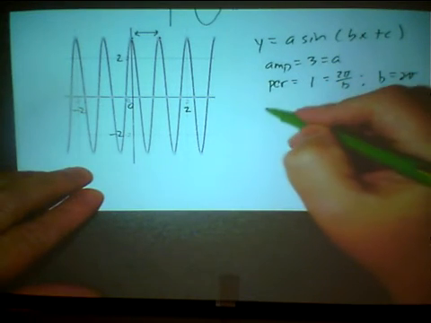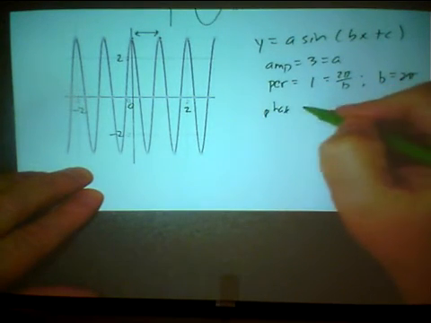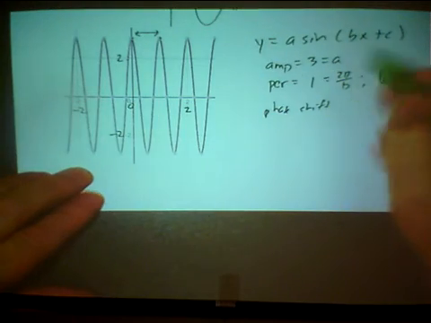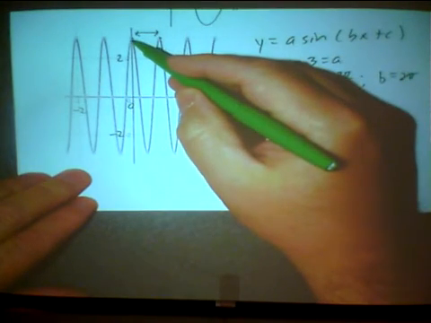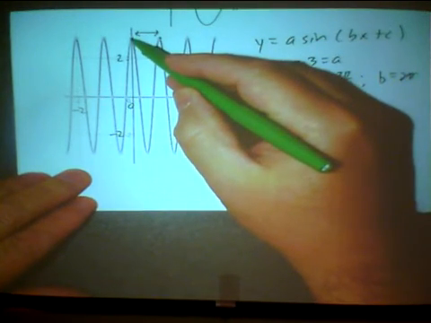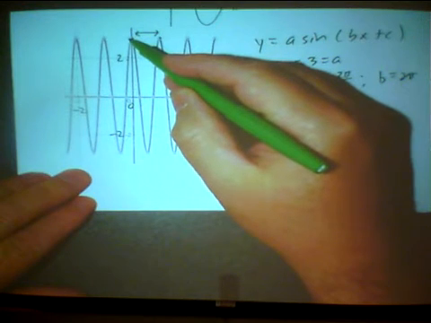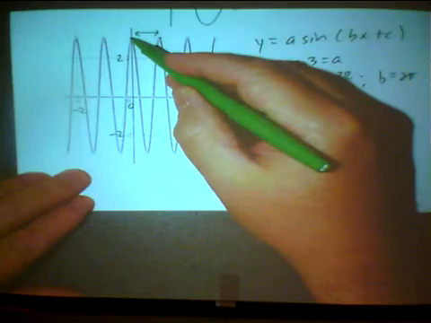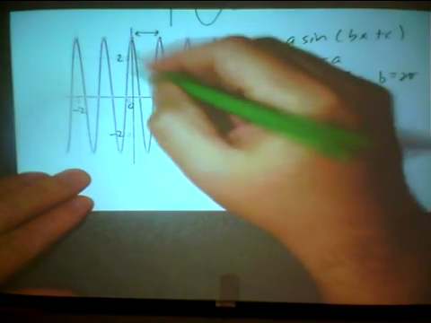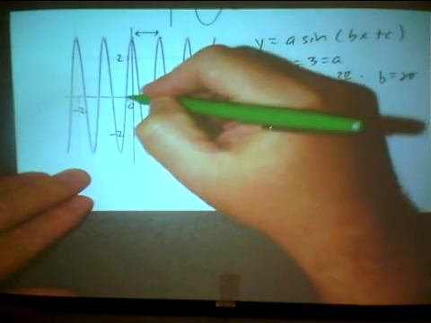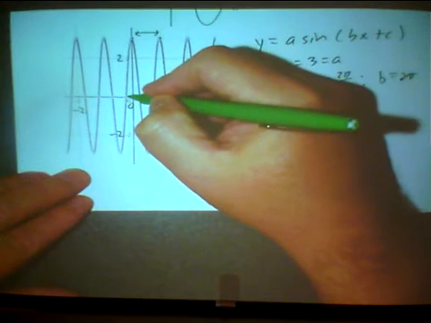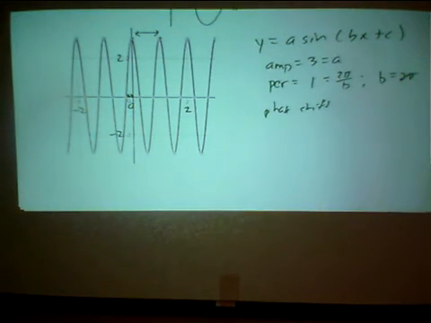Now the phase shift, this actually looks like a cosine wave. Because at the start, when x is 0, it's at the top. So this thing, if I were to move this thing over just this amount, then it would be like a sine wave. And what is that amount? It looks like it's probably like a half.